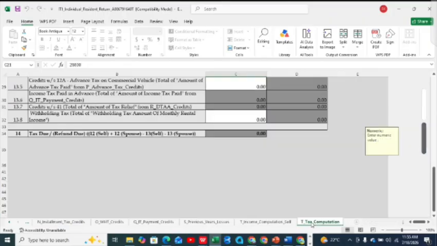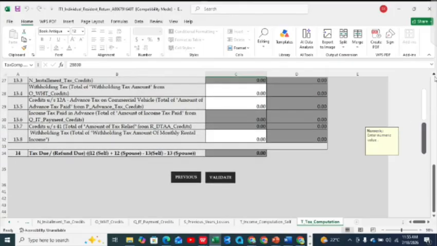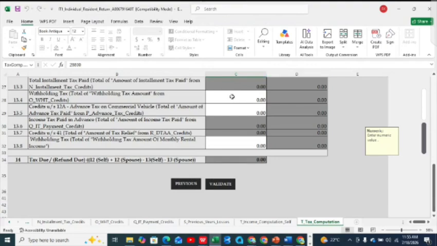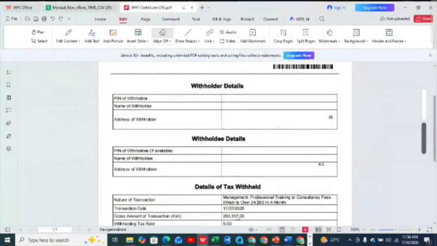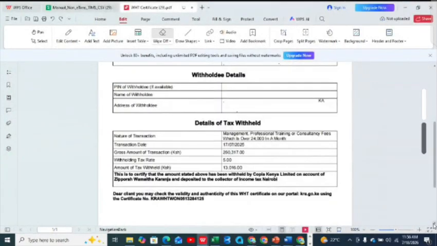Under the tax computation, you come and claim that amount under withholding tax credit. That is why I said you are supposed to declare the gross amount in the gross turnover, and then take the tax which is here and claim it as a tax credit which you are supposed to be given.